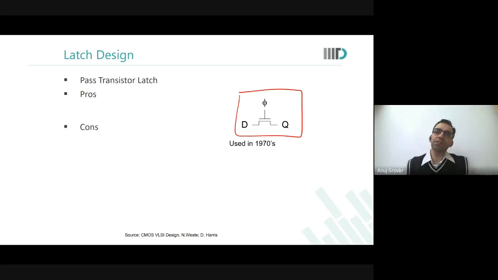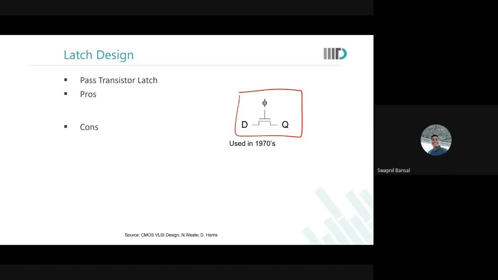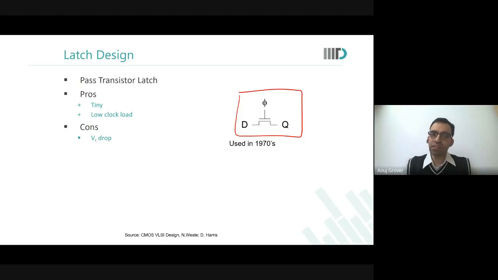But what are its advantages and disadvantages? Now that you have already understood pass transistor logic, you can easily say this. You might not get the full value of D at the Q output because you would have a VT drop. So at first, the advantage is that it's very small. Just one transistor, done.